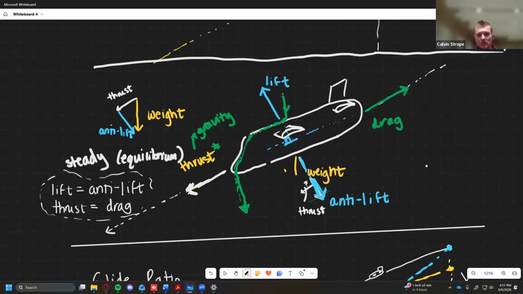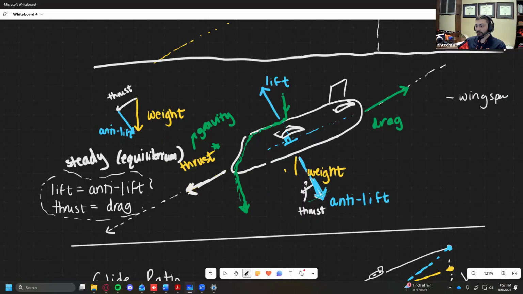The shape of your wing. You got wingspan, wing design, lift, shape of the wing, or I would call that wing design. Any other guesses?